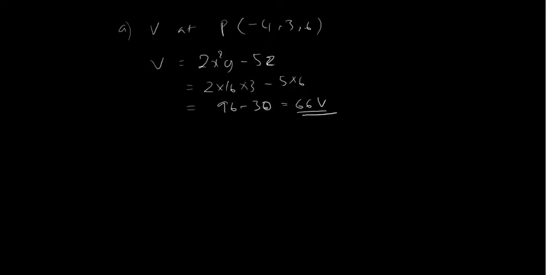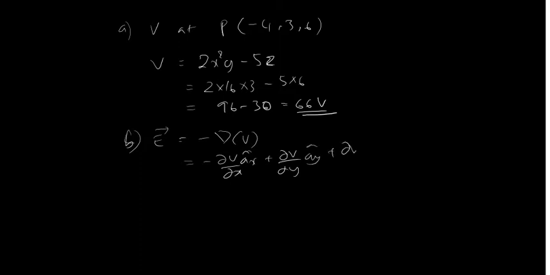The question B is you have to calculate the value of E. So just now we have derived the expression E is equal to minus del of V. So which coordinate system is this one? This is the Cartesian coordinate system. So del of V is nothing but dou V by dou x Ax cap plus dou V by dou y Ay cap plus dou V by dou z Az cap.